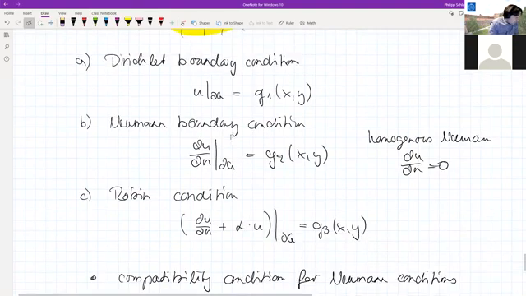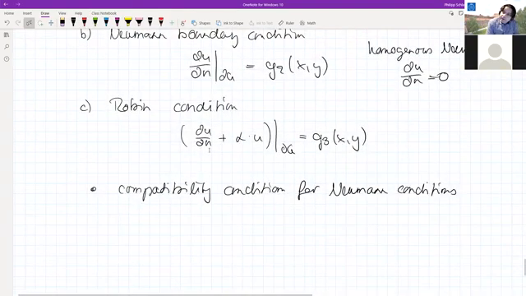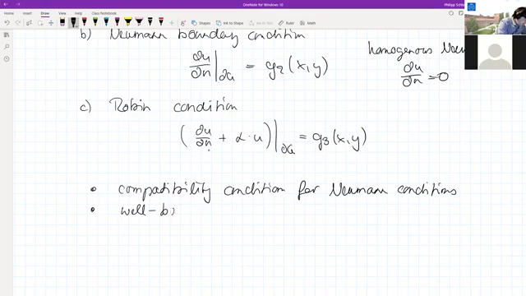If you do that, and we talk now very briefly about the expected behavior, it turns out that solutions to elliptic problems are what we would call well-behaved solutions.